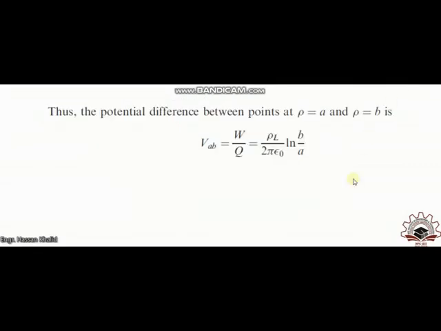Similarly, we can define the potential difference in the presence of the electric field intensity along the infinite line by just dividing the work by the charge. That means the work done in the electric field along the infinite line over the unit positive charge is equal to rho L divided by 2 pi epsilon natural log of d over a.